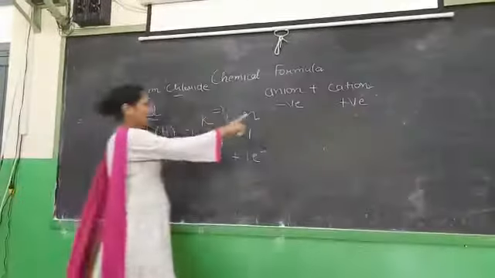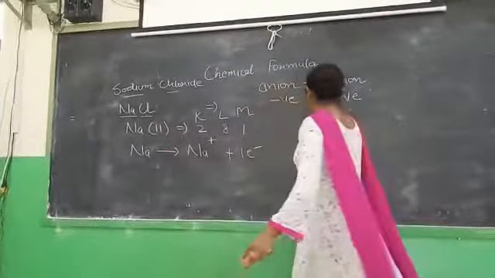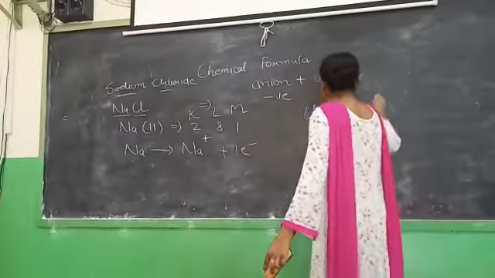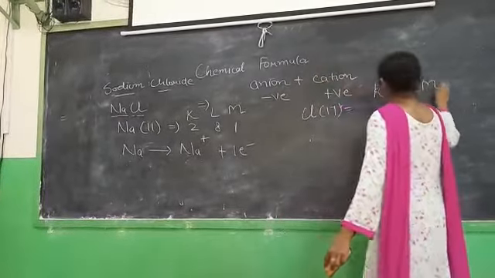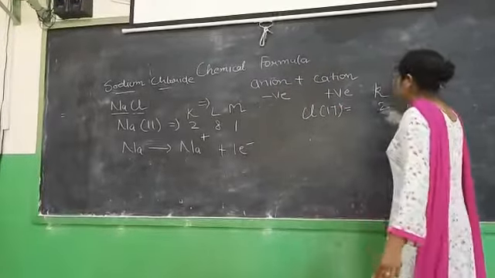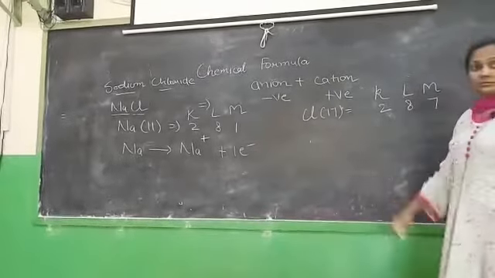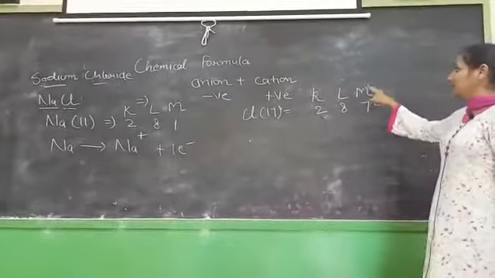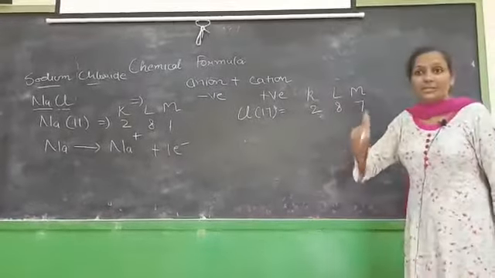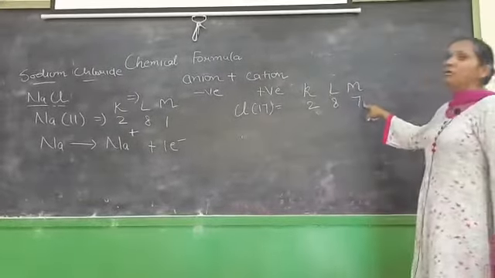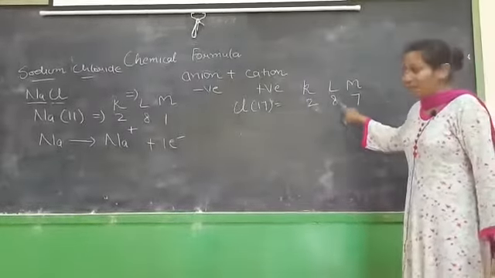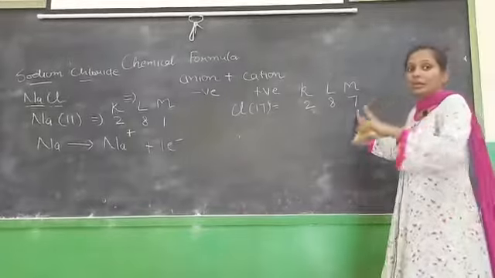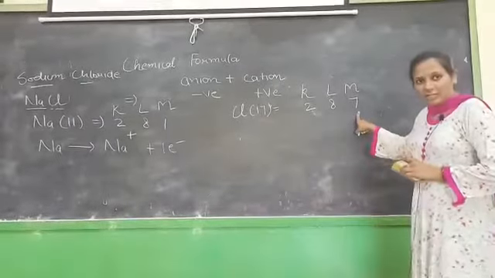On the other hand, chlorine has atomic number 17, so it's K, L and M: 2, 8, 7, which makes 17. We also know that an atom can have stability only if its outermost shell is fully filled, but chlorine is 1 electron short of the stable noble gas configuration.